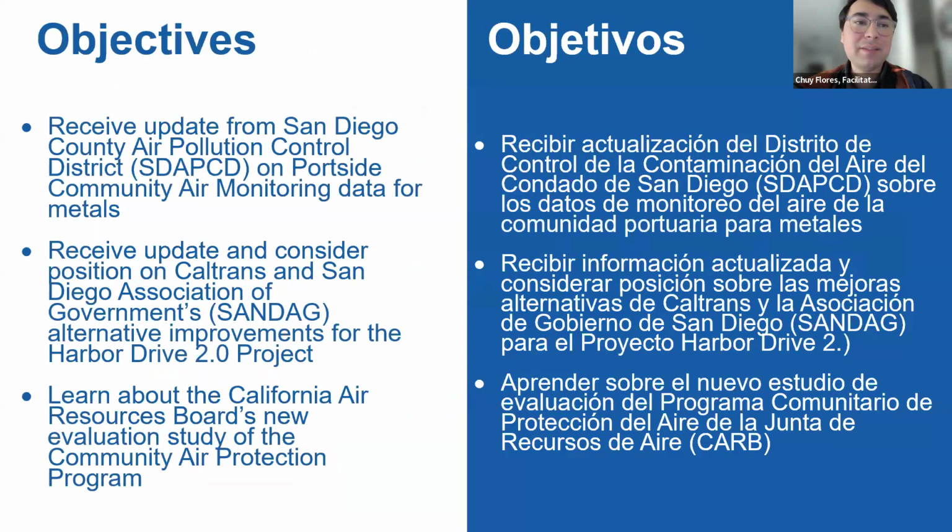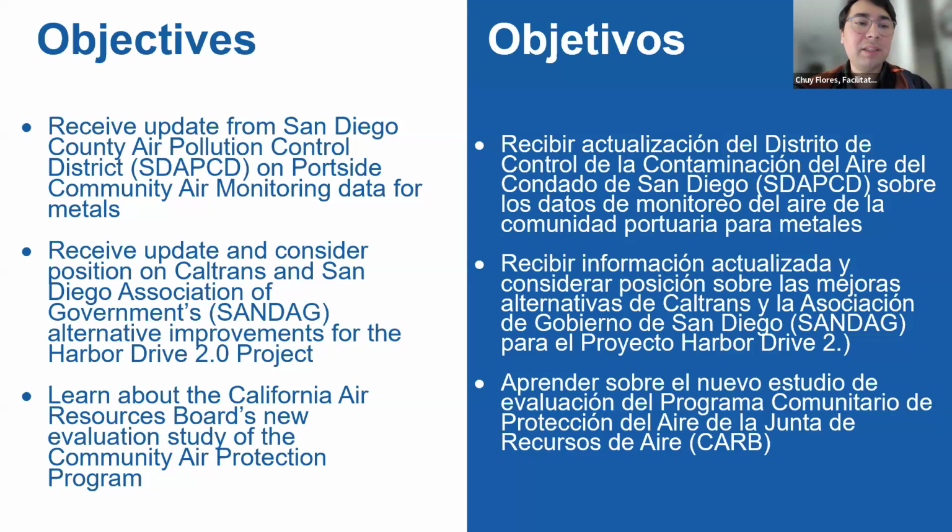So for today's meeting, we will be receiving a quarterly update from the San Diego County Air Pollution Control District on community air monitoring data, with this month focused on metals data.